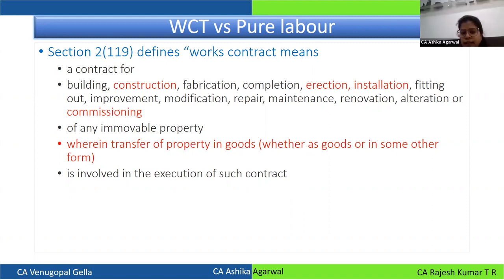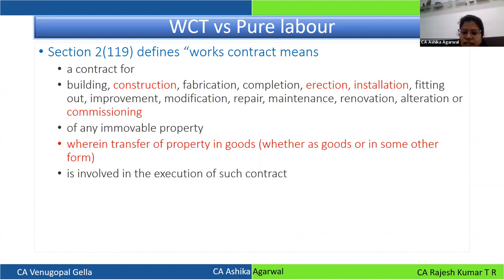So with this, we come to the first part, which is how the exemption is to be applied. Though it's simple in terms, they have used supply of pure labor for construction of a single unit other than residential. So it seems so simple: if I'm doing this, I'm exempted.